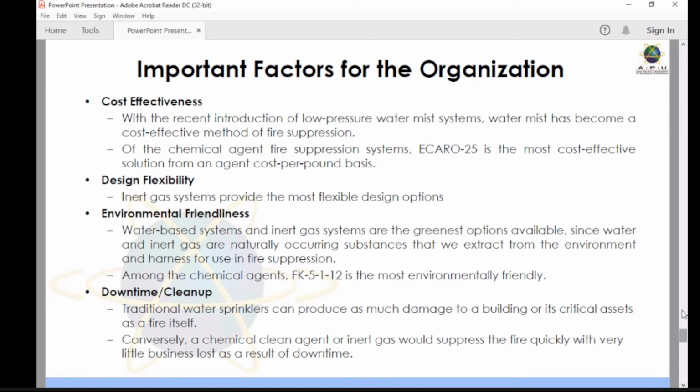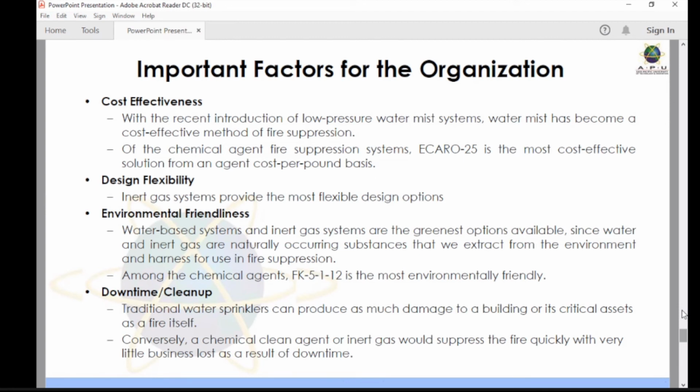Of the chemical agent fire suppression systems, ICARO 25 is the most cost effective solution from an agent cost per pound basis. Cost per pound means per kilo. So this is the cheapest. ICARO 25 is cheaper than other agents.